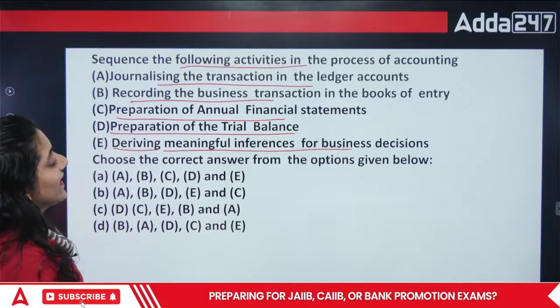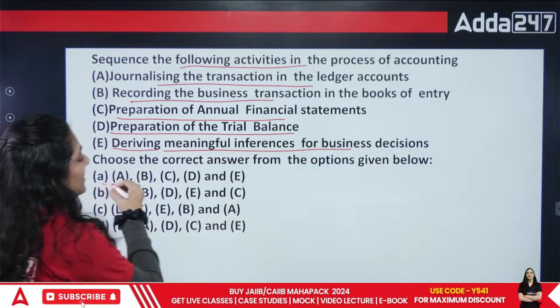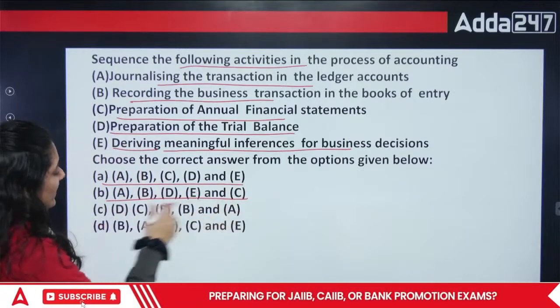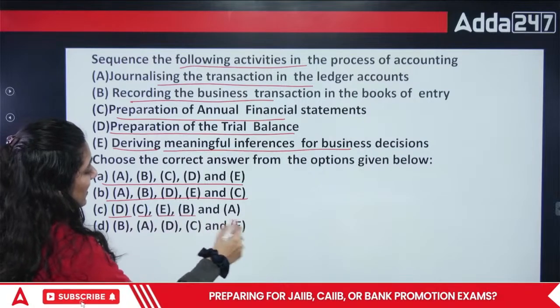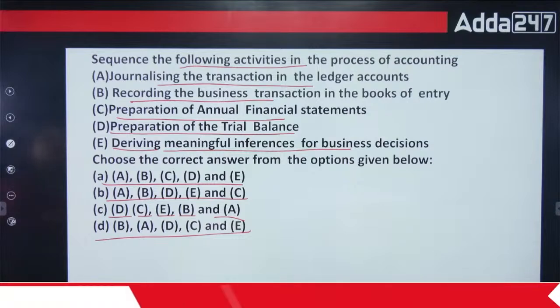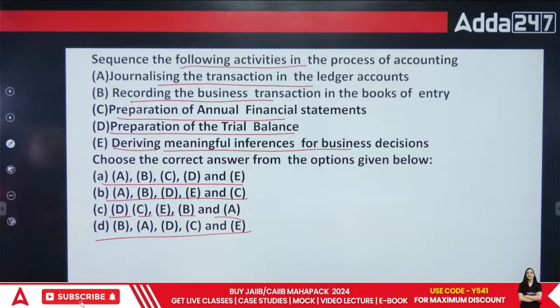And choose the correct answer from the options given below. A, B, C, D, E; then A, B, C, D, E; C, A, B, D, E; then D, C, E, B, A; and then we have B, A, D, C, E. When we talk about the sequence of the following activities, it would start with what?